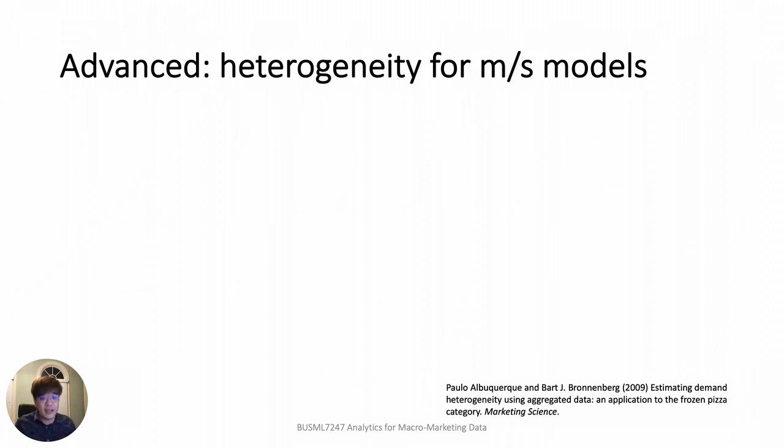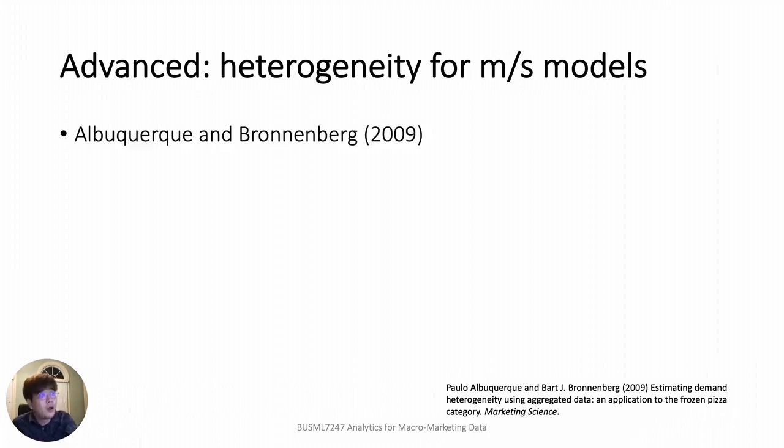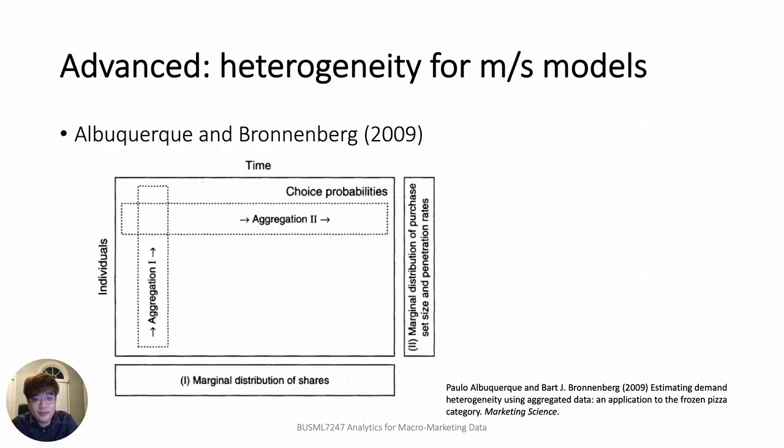Over the past decades, BLP's method has been updated by various researchers. One notable update is a work by Albuquerque and Bronnenberg in 2009. Let's take a look at the data generating process of the market shares. Each individual consumer makes a choice over time.